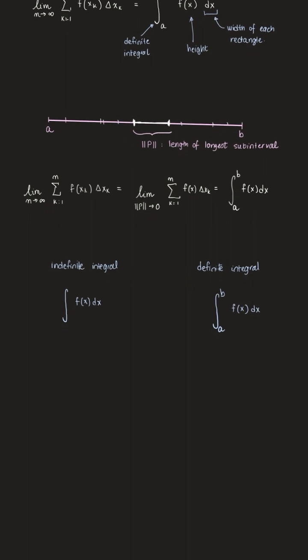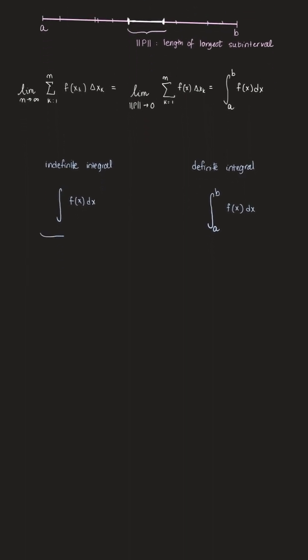You might recall from our videos that the indefinite integral represents a family of functions that have the same derivative. So it's a family of antiderivatives whose derivative is the function in the integrand. Here you will get functions, and you'll always have a plus c to represent an infinite number of functions that share the same derivative. With the definite integral, this represents exact signed area.